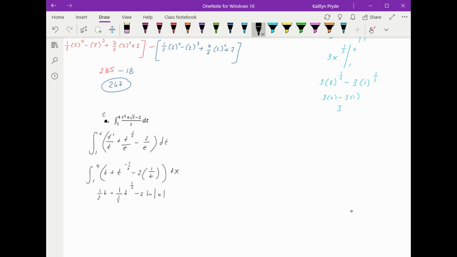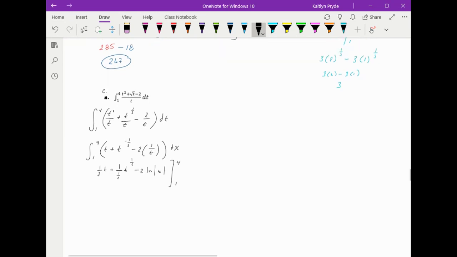I'll use the bracket notation this time, though you don't have to. This is evaluated from 1 to 4. Simplifying, I end up with 1/2 t squared plus 2 times t to the 1/2, or the square root of t if you wanted to write it that way, minus 2 ln of the absolute value of t, evaluated from 1 to 4.